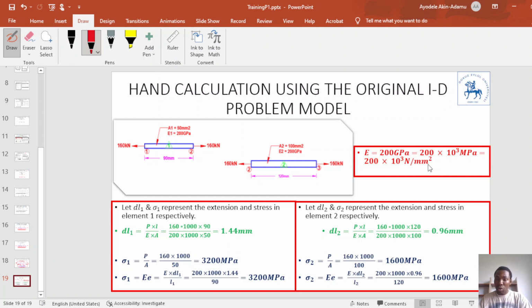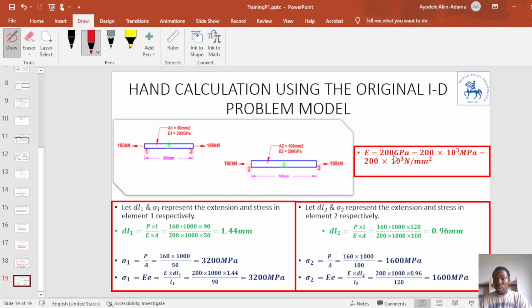You should know that 1 megapascal is equivalent to 1 Newton per millimeter square, and the relationship that connects gigapascal, megapascal, and Newton per millimeter square is given here.